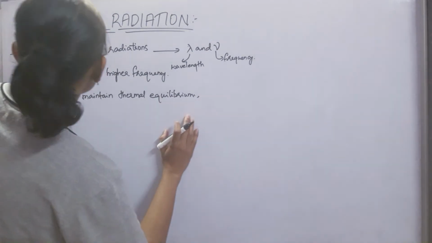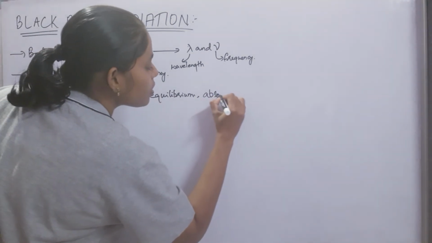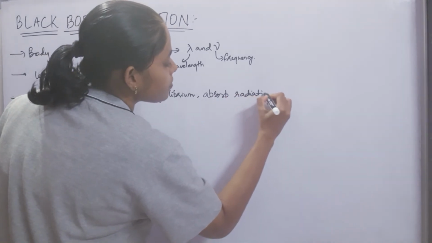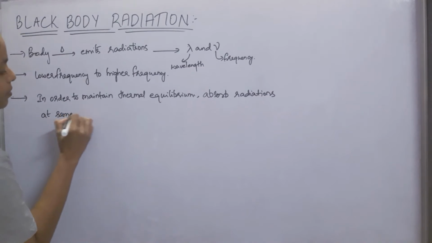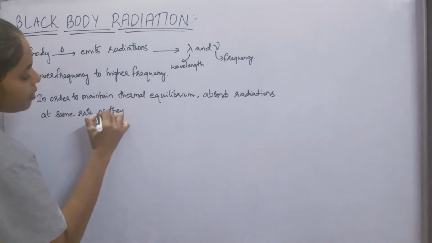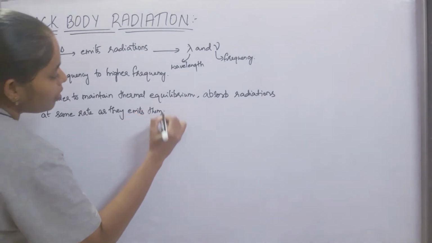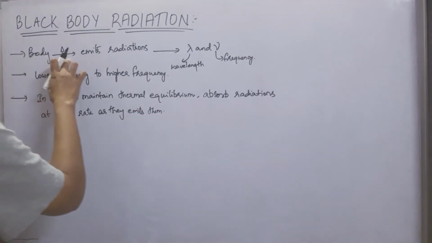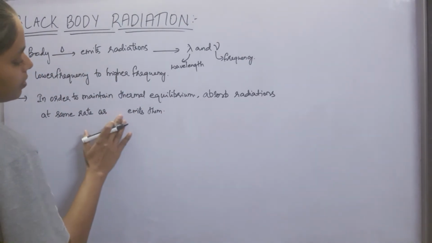So this black body, or the body which is heated, absorbs radiations at the same rate as it emits them.